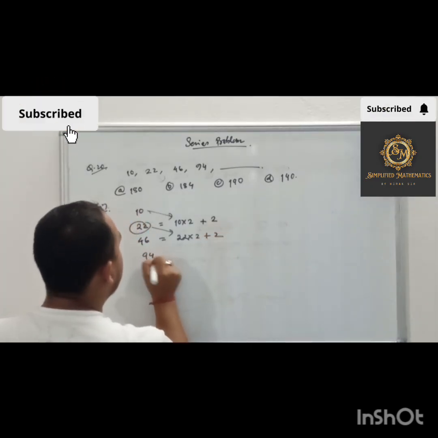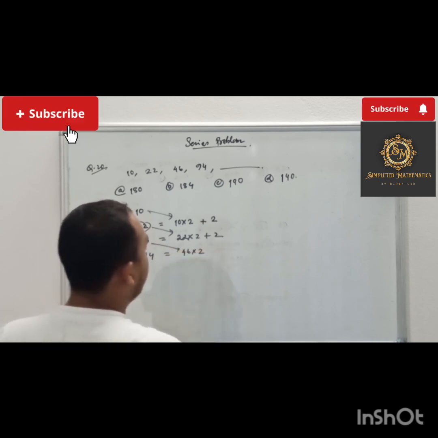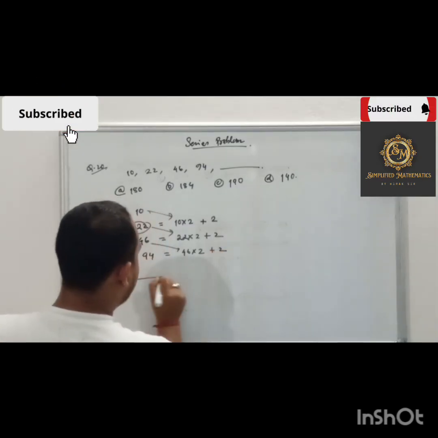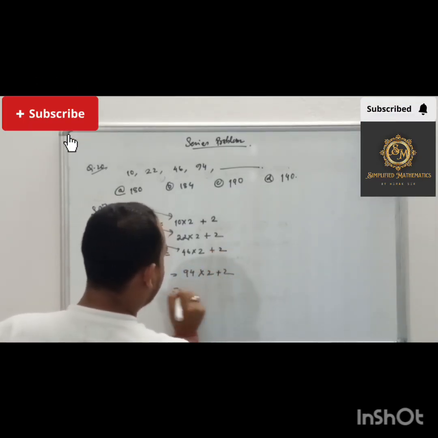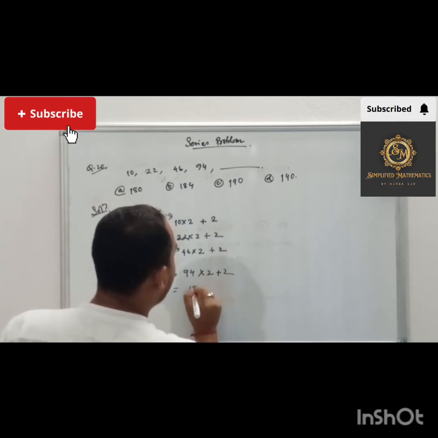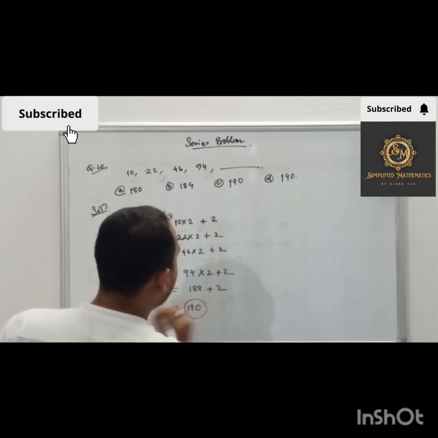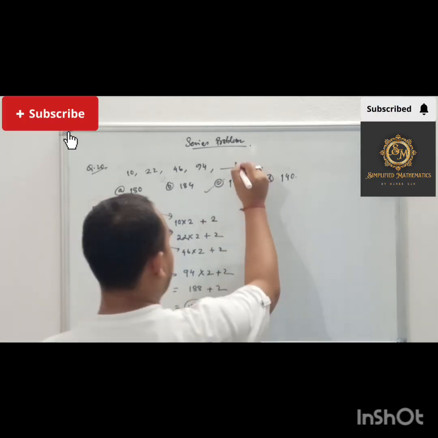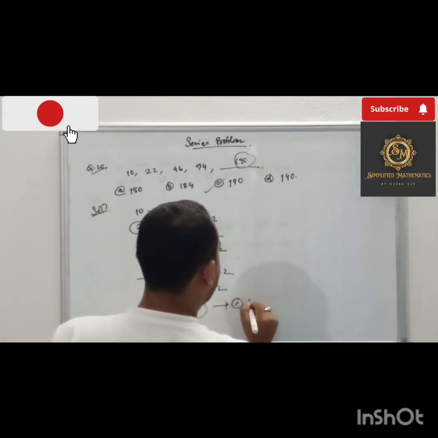Next is 94: 46 into 2 is 92, plus 2 is 94. The next number is 94 into 2, that is 188, plus 2, it is 190. That means your option C is correct. 190. This will be 190, C.